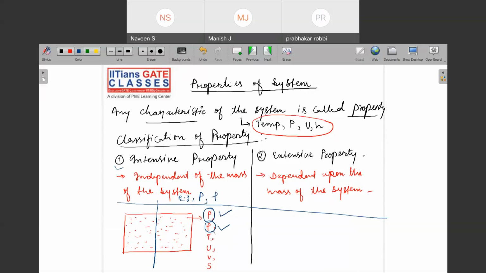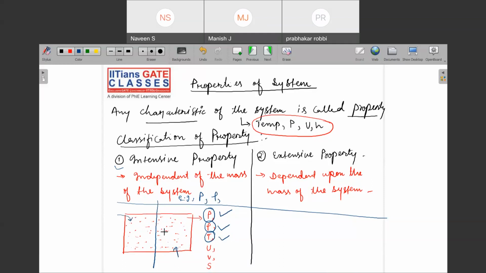And what about temperature? Temperature will again remain the same. Why? Because it is the uniform temperature of that particular gas. Wherever you go, you will find the same temperature, and if you pick something from here, the temperature will again remain the same. So the temperature is not changed by dividing into two equal parts.